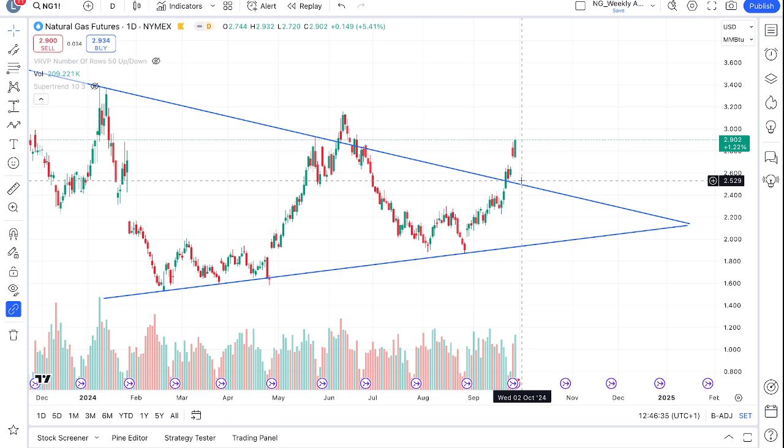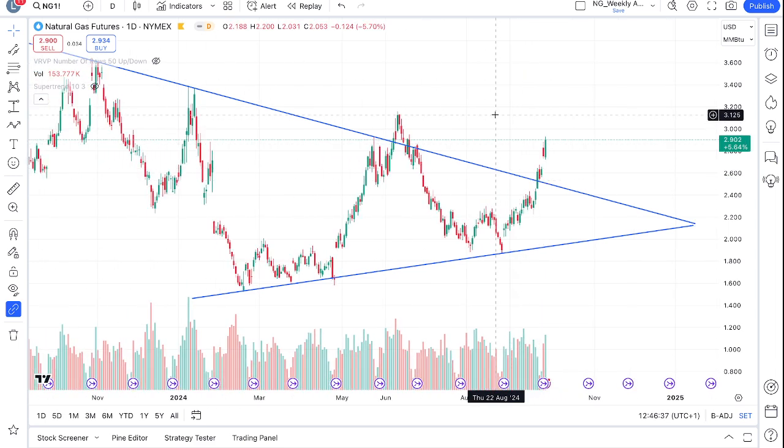The only challenge here is the first resistance at 3.15, but that is still far away. I think the nearest resistance is this one here, 2.95956. So 2.96 is the first resistance, and then 3 is of course a psychological resistance.